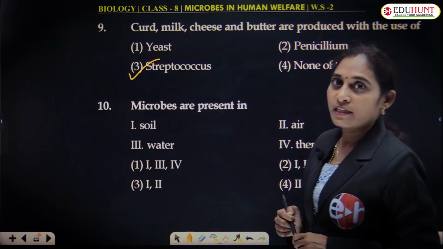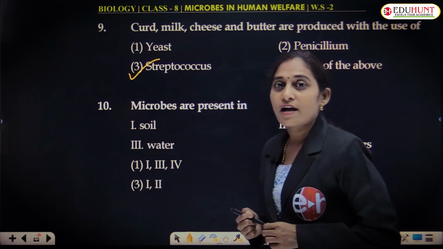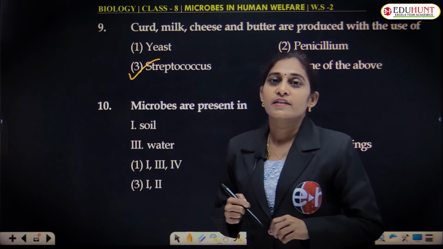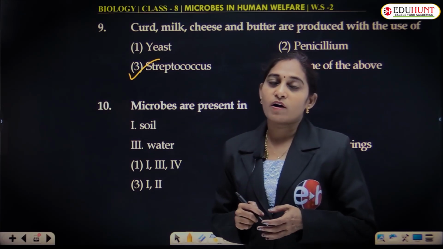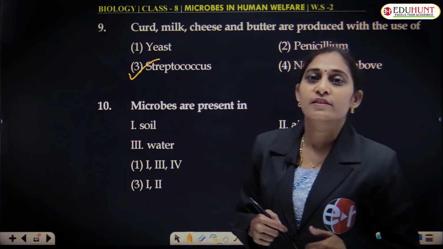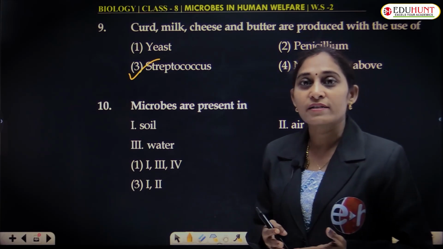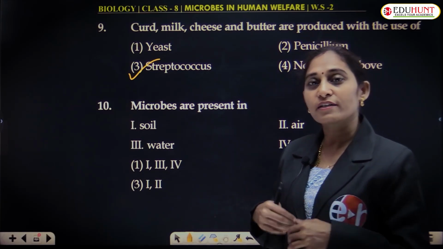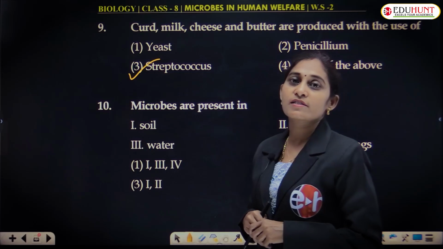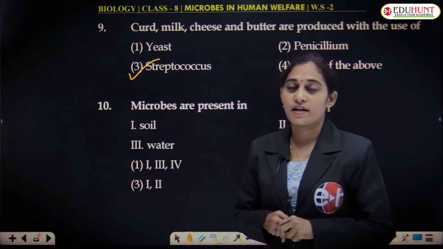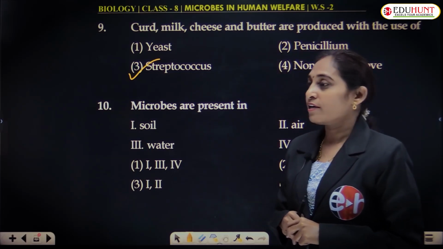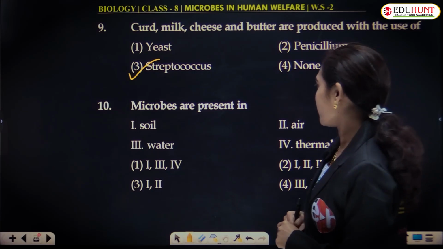Microbes are present in. We have discussed that these are present in air, water, even in the soil, on the surface of the body, on plants, inside human beings, and even the external surface of human beings. That is, they are everywhere, cosmopolitan in distribution.